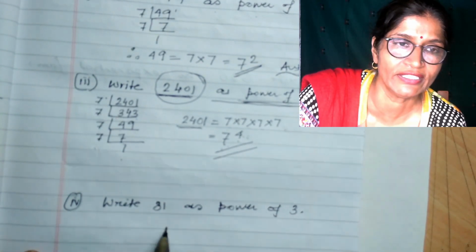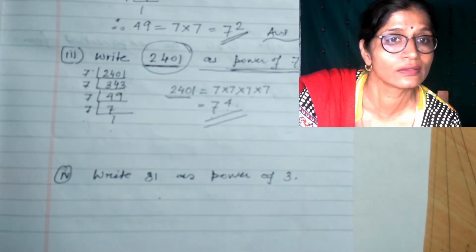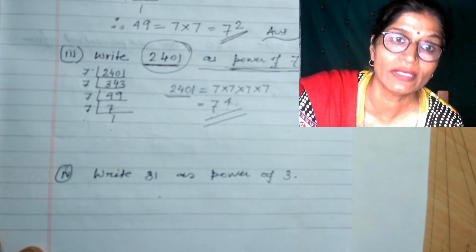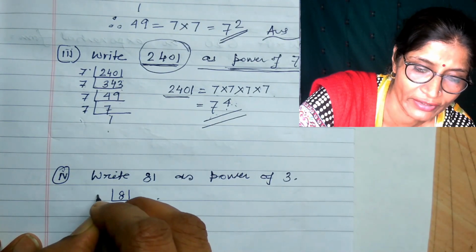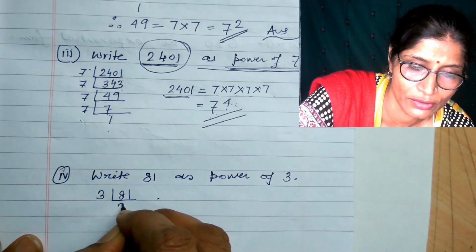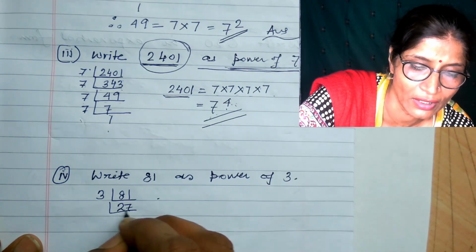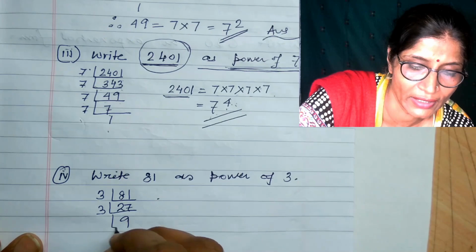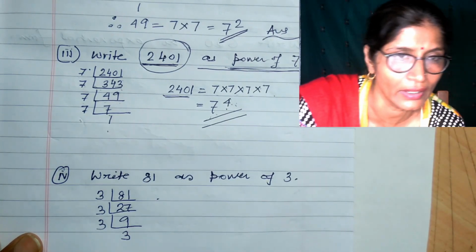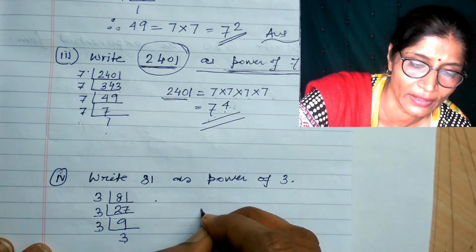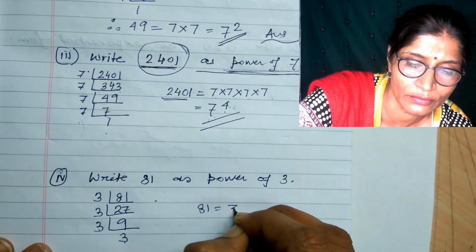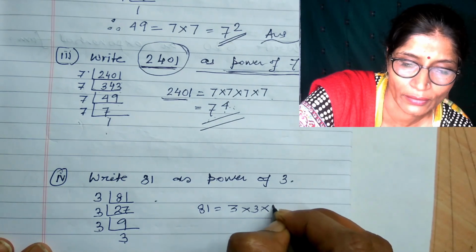Next, this 81 is given and you have to write it as a power of 3. So take 81, prime factorization by 3. So 3 9s are 27, 3 27s are 81, then 3 9s are 27, and 3 3s are 9. Okay. Then it means it is 4 times. So I can write 81 as equal to 3 into 3 into 3 into 3.